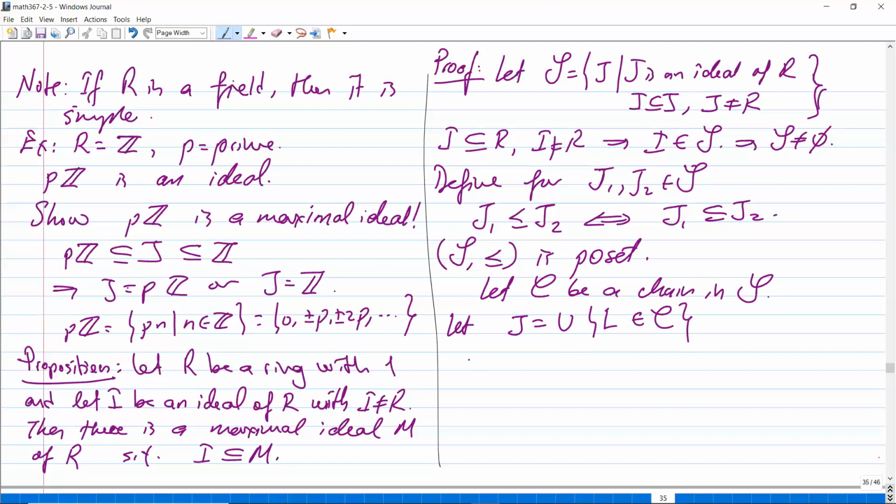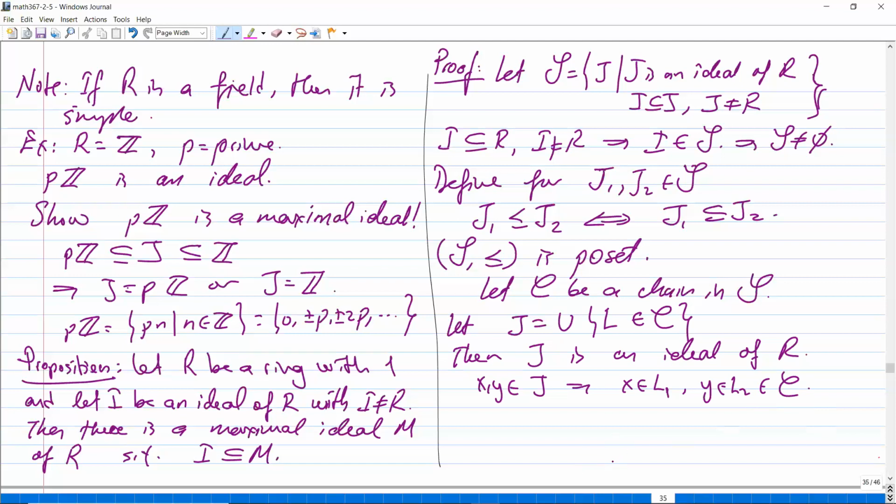Then J is an ideal of R. The reason is that if X and Y are in J, then X is in some L1 in C, and Y is in some L2 in C. Since L1 is less than or equal to L2, or L2 is less than or equal to L1, one of them, let's assume that L1 is less than or equal to L2, so that X and Y are both in L2, so that X minus Y is in L2.